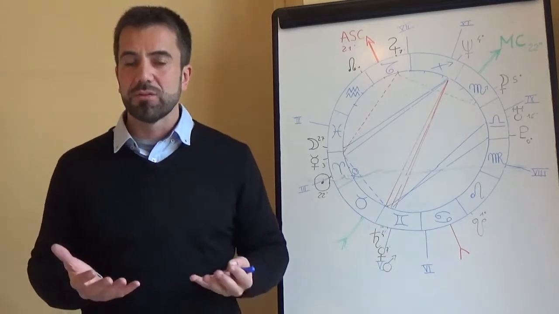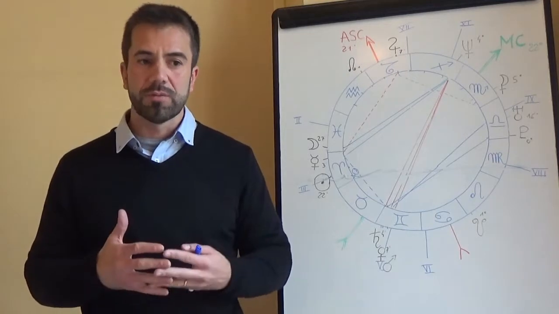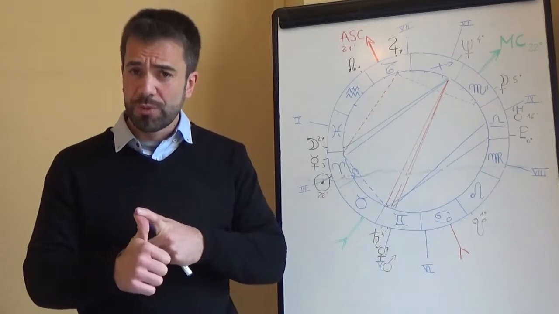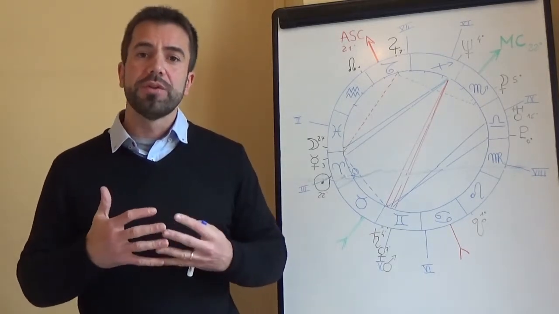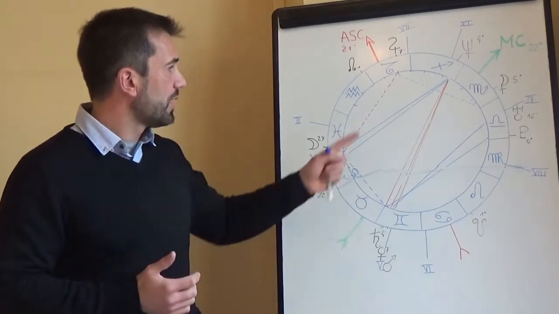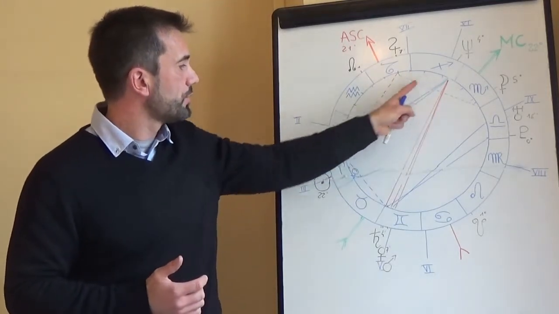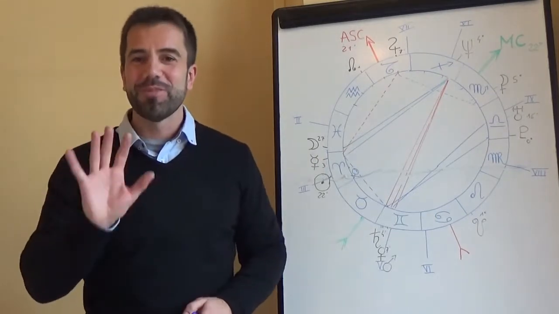I use red to show the aspects of tension, like opposition and square, and I use blue or green for the harmonious aspects, which are the sextile here and the trine. So 5 aspects, the 5 major aspects.